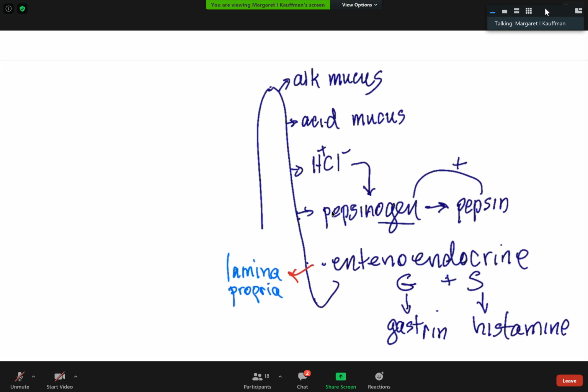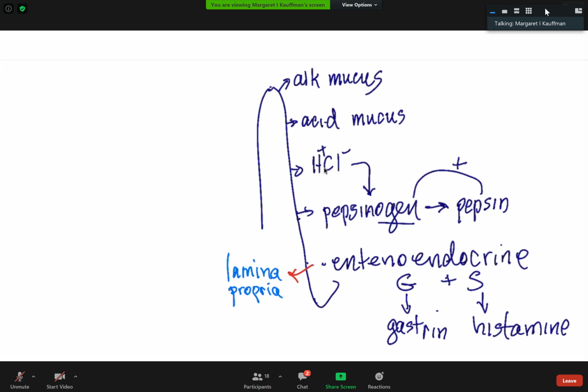And as it goes up, it's going to encounter this acidic area. It's acidic partly because the mucus that's secreted is acidic, but also largely because of HCl being secreted, which will enable this pepsinogen to be converted into pepsin.